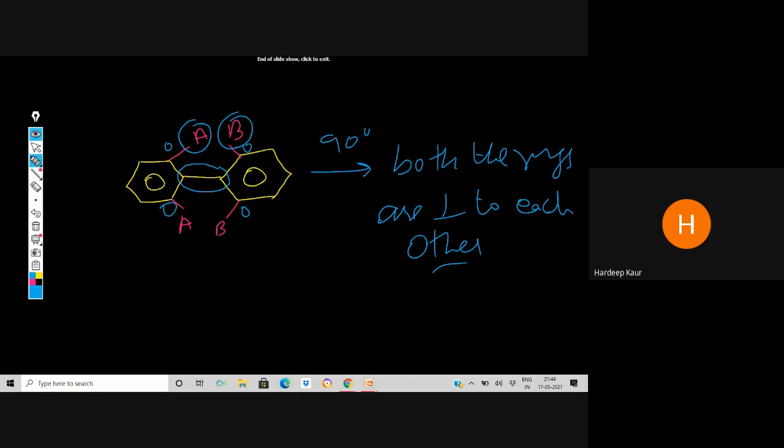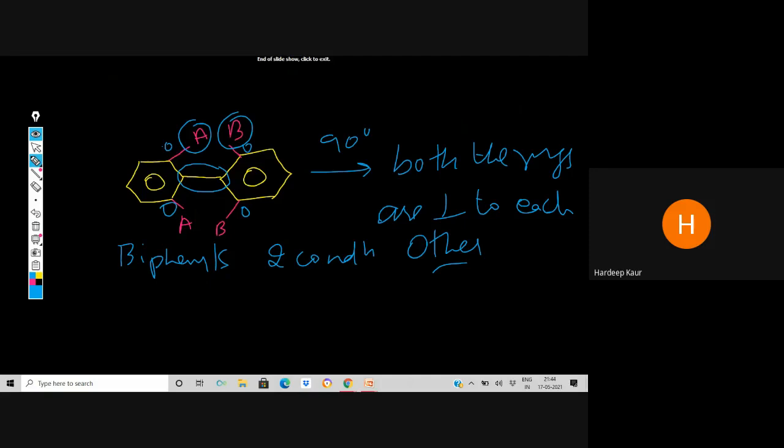Okay. So being perpendicular, we can draw the mirror images which are not superimposable on each other, and due to this they become chiral in nature. So these biphenyls can show isomerism only if they satisfy two conditions, right? So two conditions are required for this chirality of the biphenyl ring system.